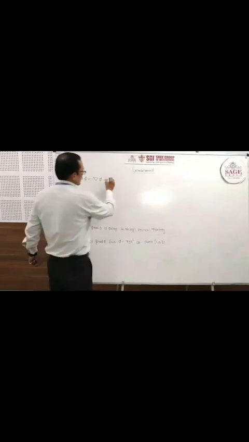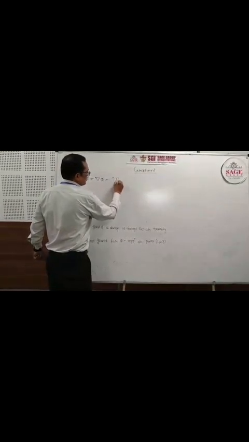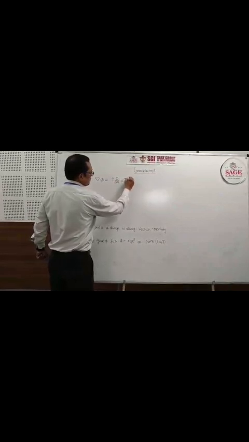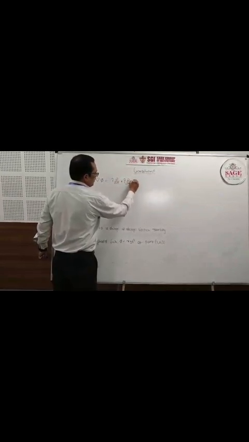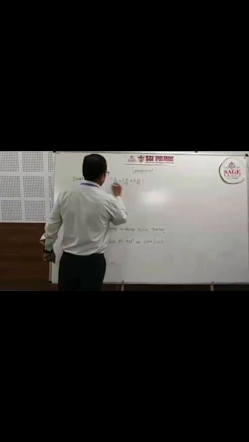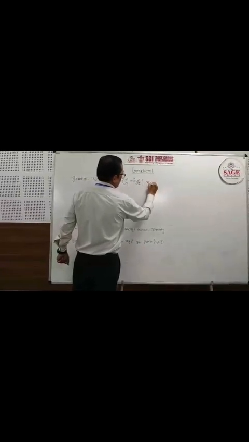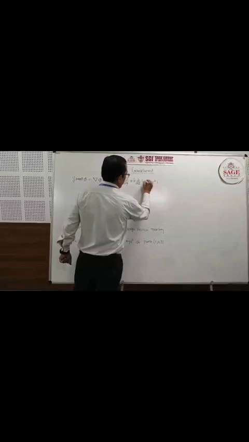Okay. Then what is the value of del? That is i ∂/∂x plus j ∂/∂y plus k ∂/∂z into phi. Here phi is given as x y z square.